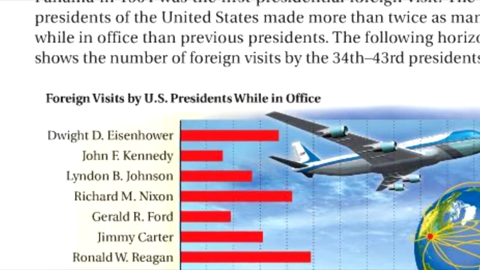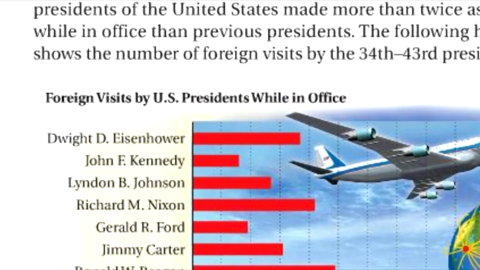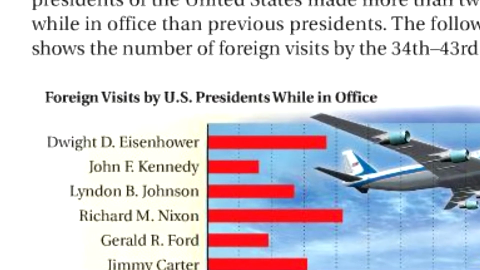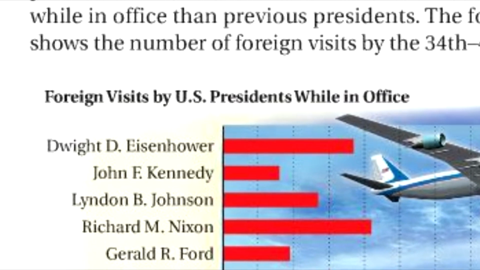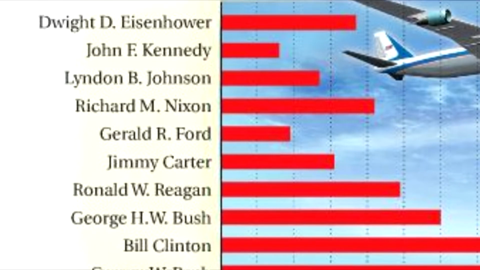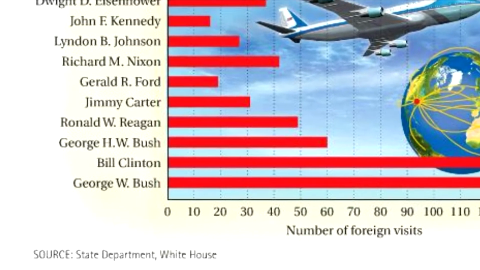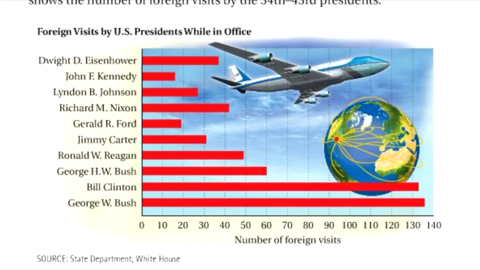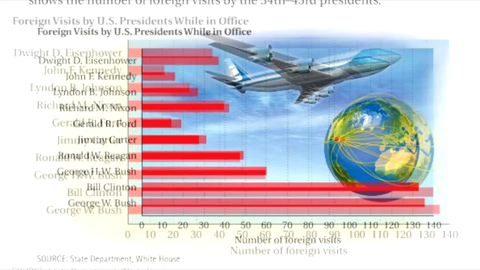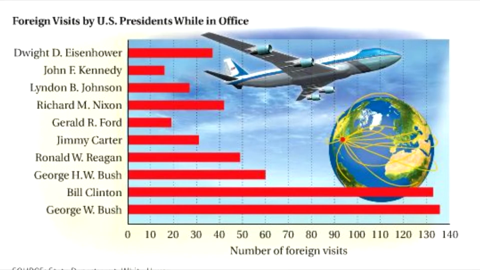This bar graph illustrates information going horizontally, and this is about foreign visits by presidents. This information was taken from the source of the State Department of the White House. This book was printed before Obama came in office. And this is of presidents from the 34th to the 43rd president, all the way up to George Bush.